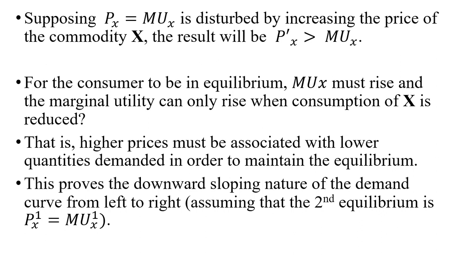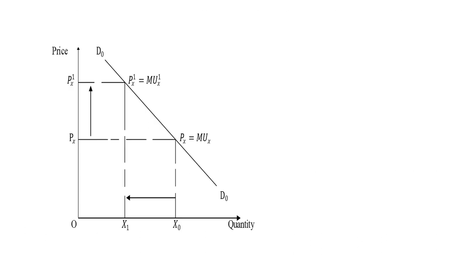So this is what we represent in the diagram here. Px is being consumed at x naught, and when the price is Px and x naught quantity is consumed, the equilibrium condition is that Px is equal to marginal utility of x.